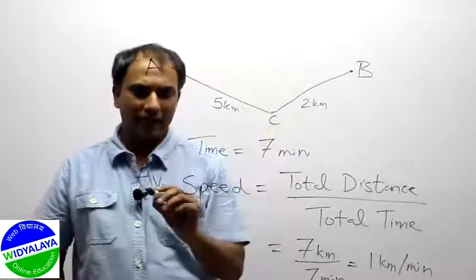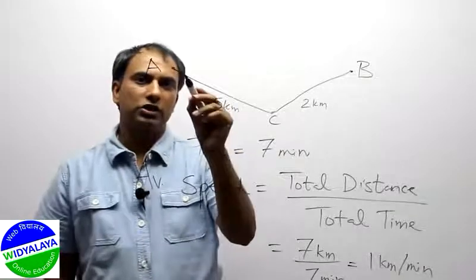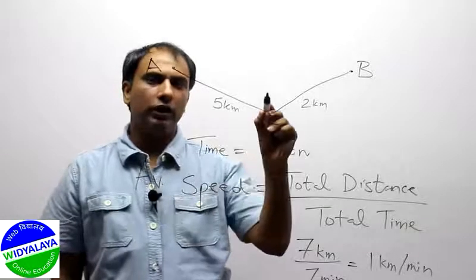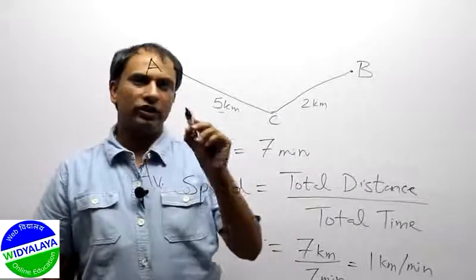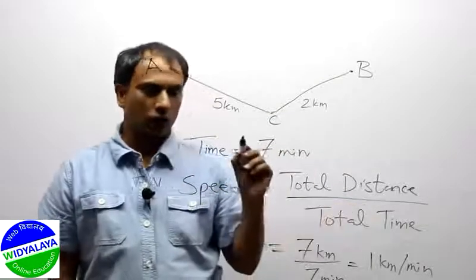But when we are saying average, we are ignoring whether initially it was moving very fast and then slowed down, or maybe stopped in between and then moved very fast. We are ignoring all this because what we are interested in for average speed is total distance divided by total time.